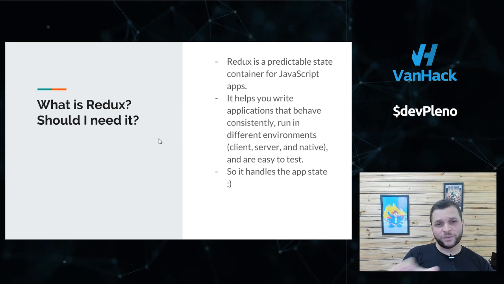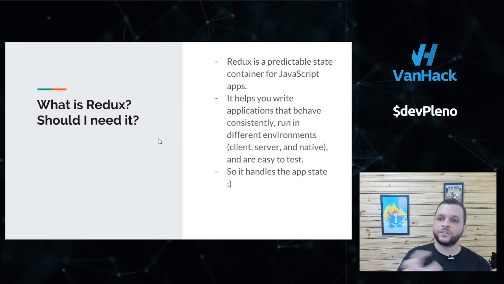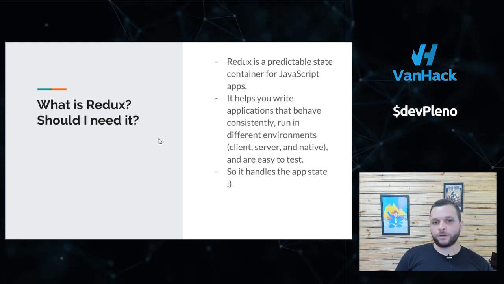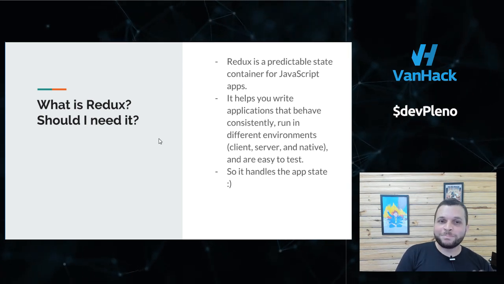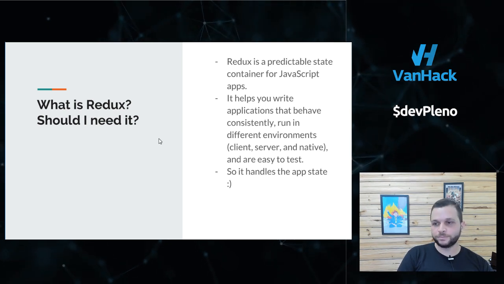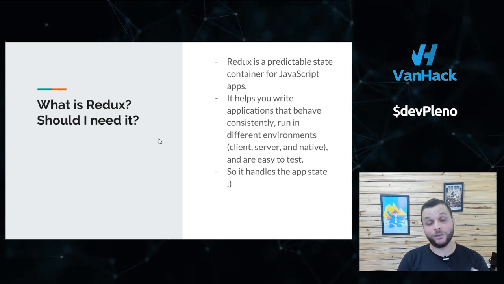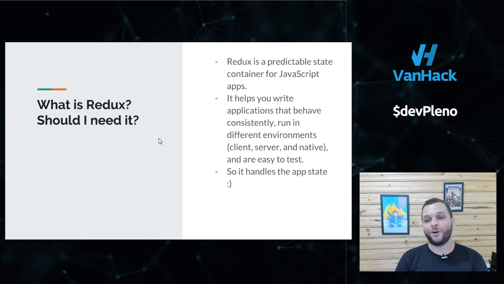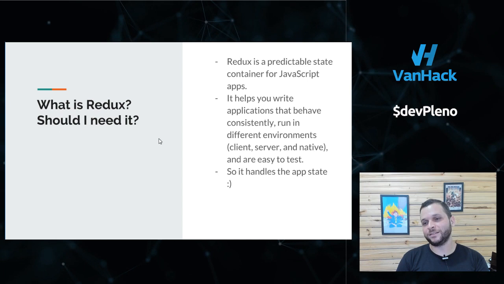If we think about the ecosystem, we can unit test more things than before. Okay, but basically Redux is just for handling the app state, so handling how data is stored and changed, or mutated, inside the application.